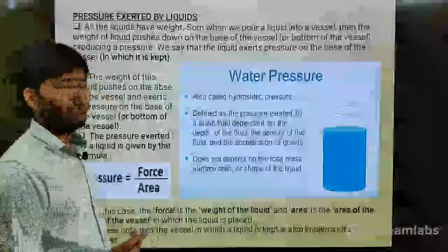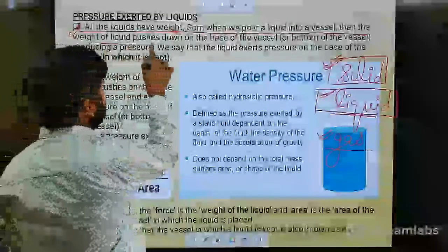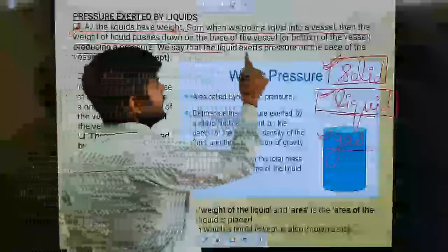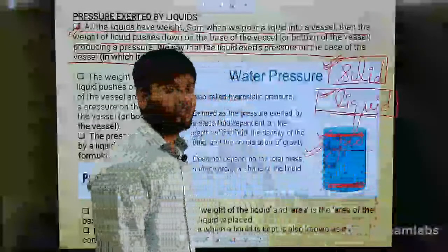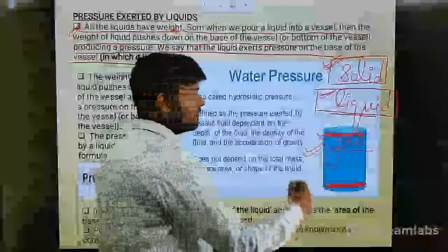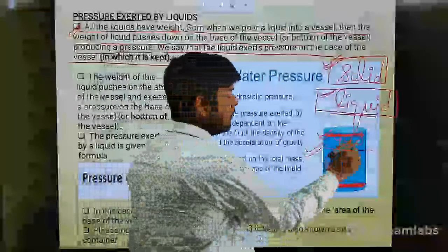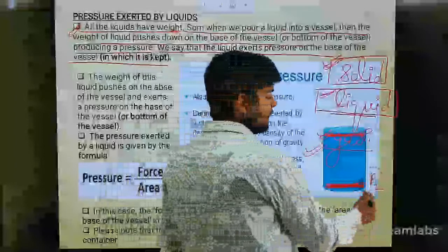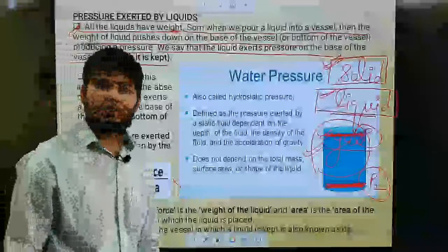The weight of the liquid exerts... water... the pressure P2... bottom of the vessel.